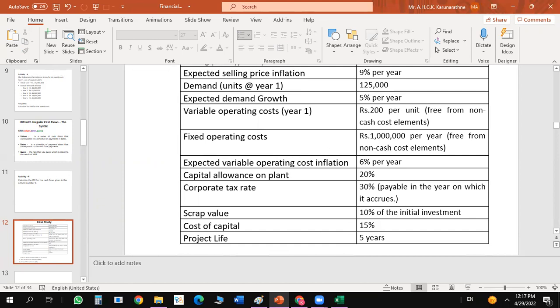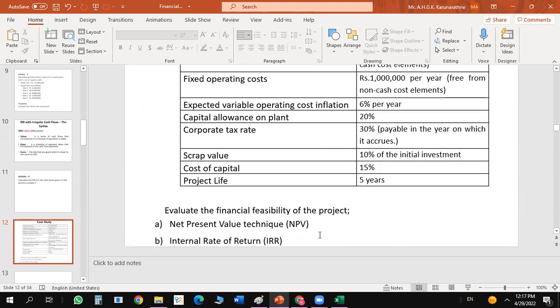I have uploaded this slide to your LMS. So using this information, compute the NPV and compute the IRR, right?